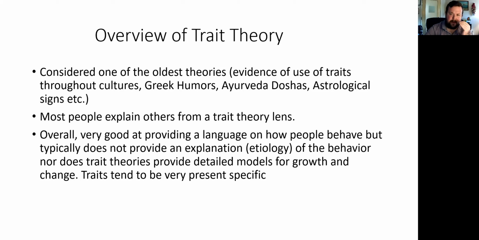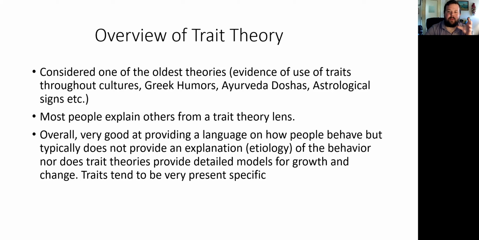Again, trait theory has a lot of connection to the behavioral theories, which we'll cover in Module 6. The grounding philosophy of trait and behavioral theories of personality is essentially the idea that we don't care why, we don't care about the reason that caused someone to act this way. All we care about is what's happening in the moment, and we don't care what's happening internally.